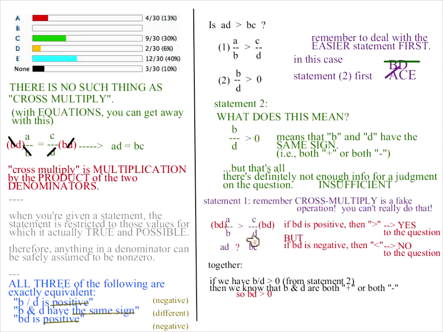So once we have that, we can multiply by BD and keep the alligator unchanged. So AD is greater than BC. Sufficient. This is not an easy question.